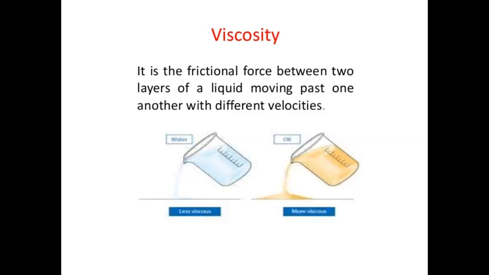Nature of liquid: where there are stronger molecular forces of attraction, the viscosity of that substance will be more, right, as compared to the other. And molecular mass: the viscosity of a liquid generally increases with the increase in mass, students, right?